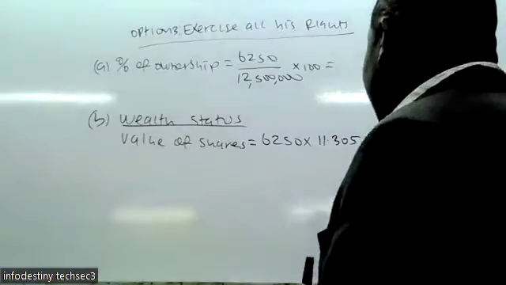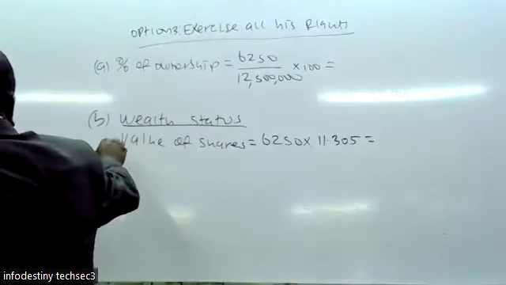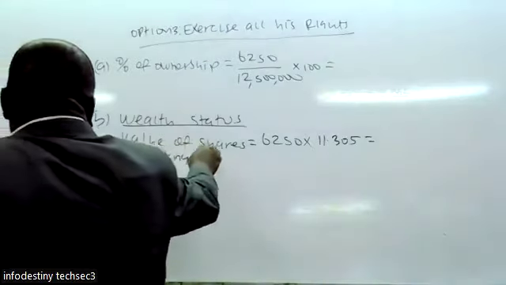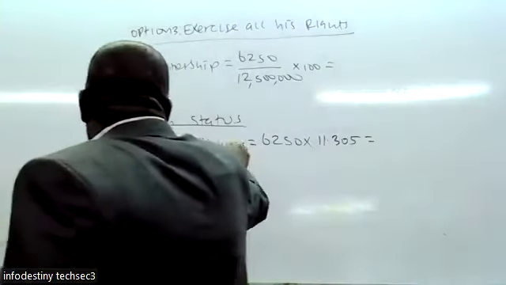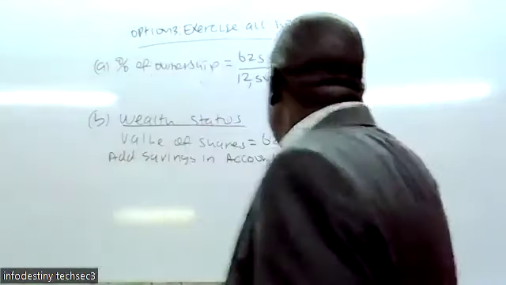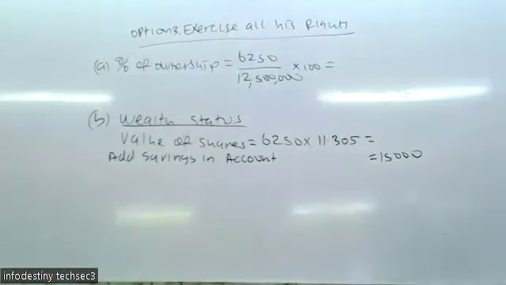Now after that, we also add the savings in the account. The savings account was 15,000. That one will not change.